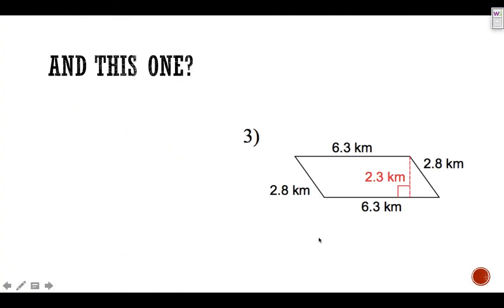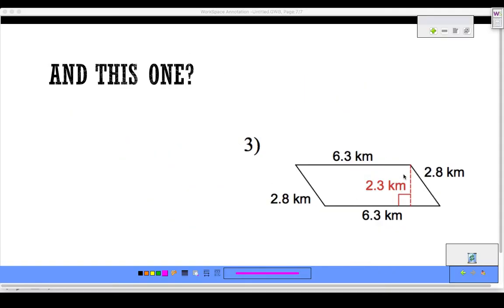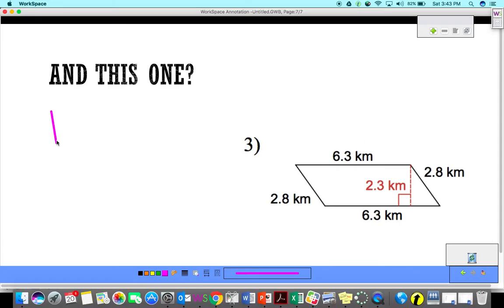When I look at this shape, I need to decide what it is. I see it has 4 sides, but they don't have 90-degree angles. I do see that there are pairs of parallel sides. That means this is a parallelogram, so I'm going to label it with a P. To find the area of a parallelogram, I look at my reference sheet and the formula says base times height. Now I know the base and height, just like in a triangle, are connected by this right angle. So I'm going to highlight the right angle, and I see this side is a 6.3, and this side, the measurement, is a 2.3.